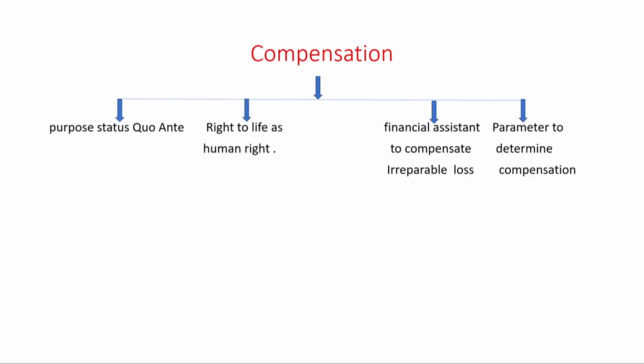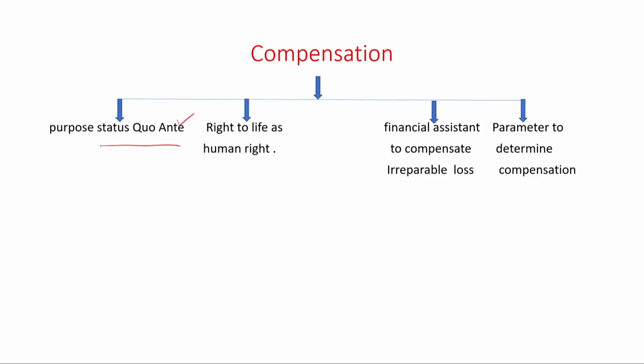Now, you see this, the purpose of compensation is status quo ante. Status quo ante here means, as you all might be knowing, that there are two things, status quo and status quo ante. So, the purpose of compensation is status quo ante, to put the aggrieved in the position he or she would have been in if his or her right had not been violated.